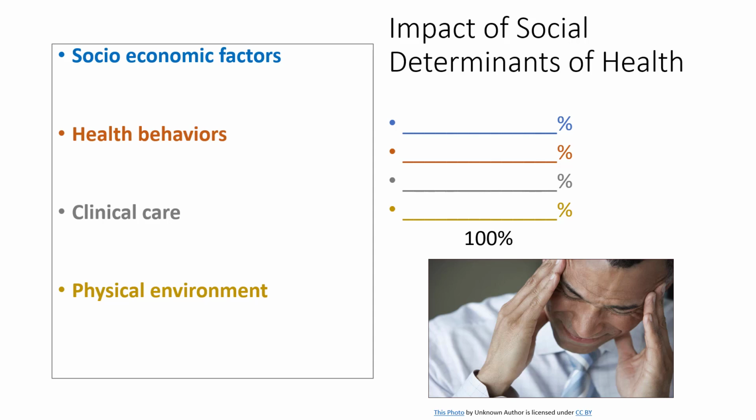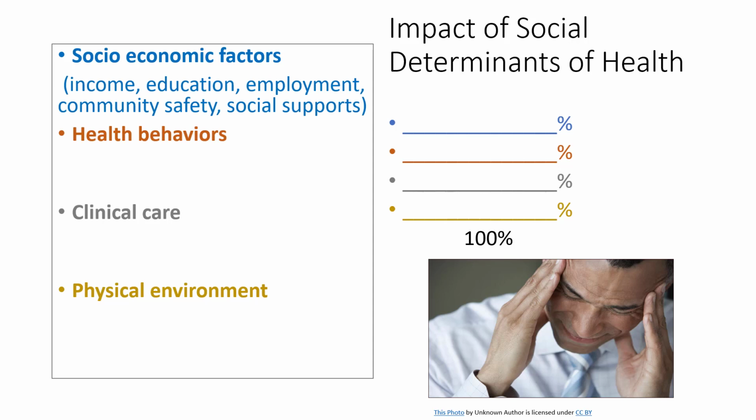How much did the 4 things on this slide influence that person's outcome? How much influence will the person's socioeconomics, things like how much money they earn, their education, the safety in their neighborhood? How much do these things influence their outcome? How much will this person's behavior influence their outcome?